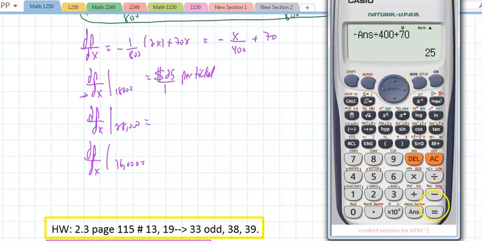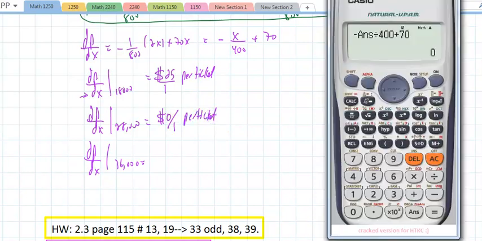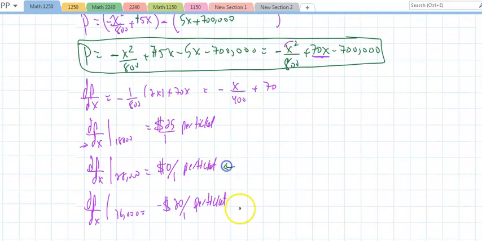There it is. I'm not liking that. Let's do it again. 28,000, 0. I'll tell you what that means in a minute. And how about 36,000? Negative 20. Per ticket. Okay. Now how could your profit be 0 and how could you be losing money?